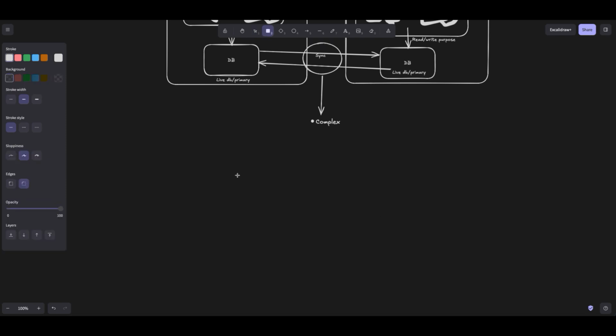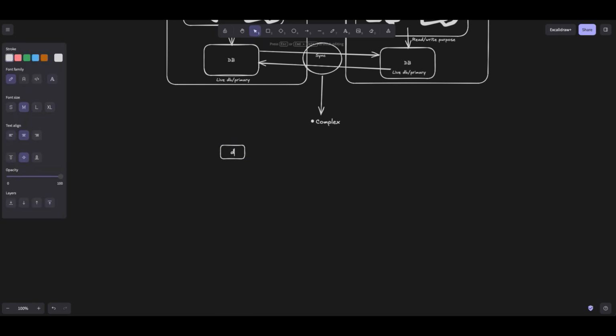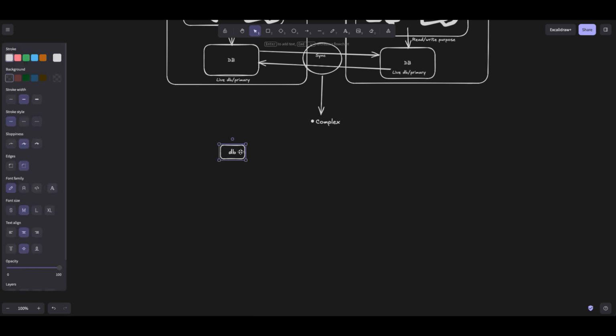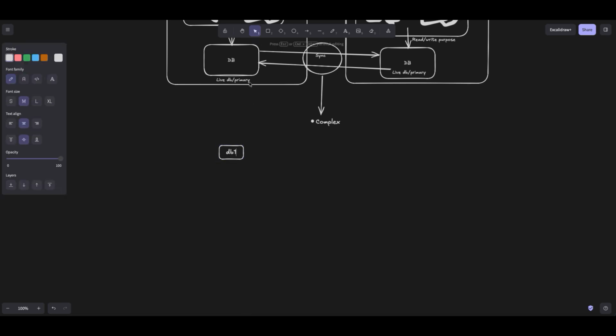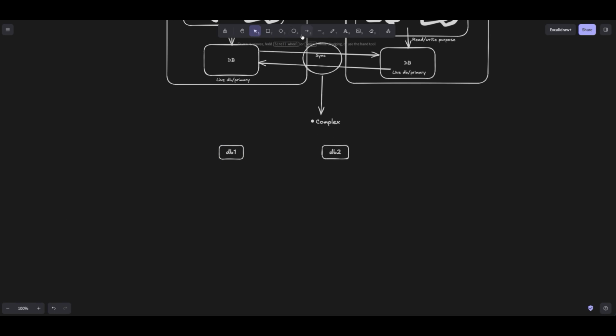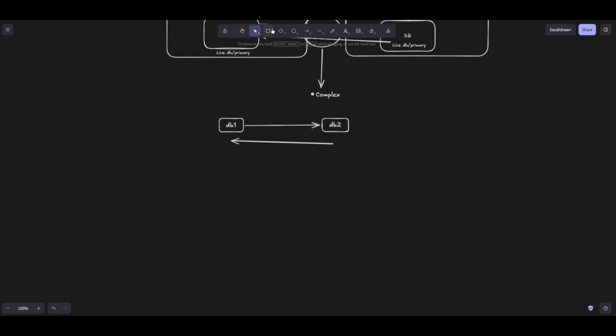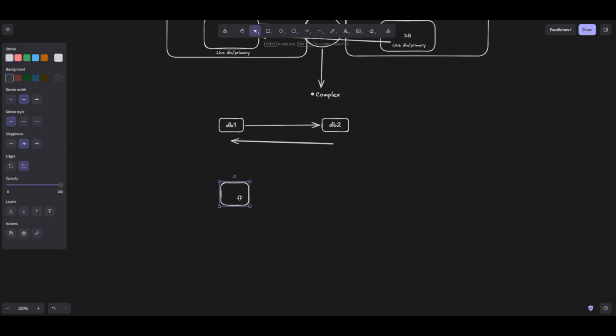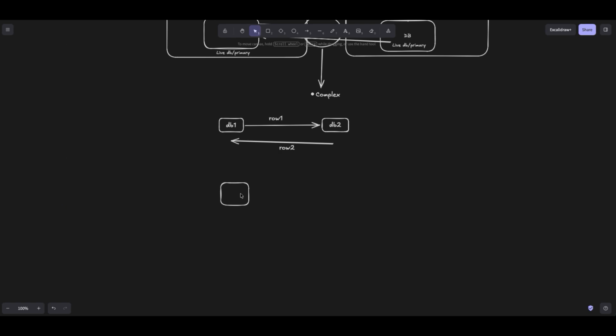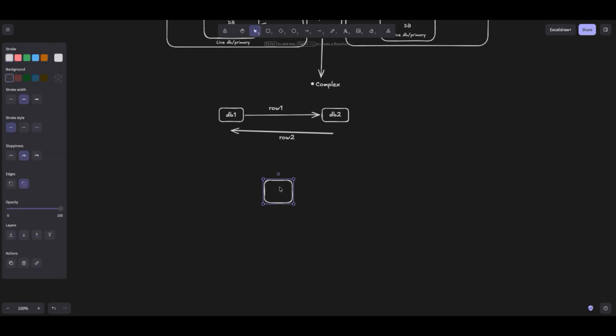So if, let's say, in db1 someone writes something in row 1 and someone writes something in database 2 in row 2, that would be easily synchronizable because they are different rows. Now, in case of the same row, say this was row 1 and this was row 2, if the same row gets edited or updated in both instances of the database, then there will be a conflict.